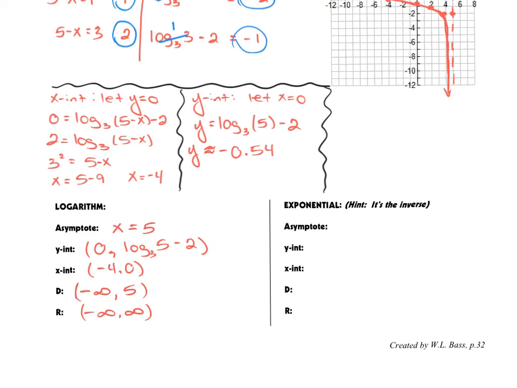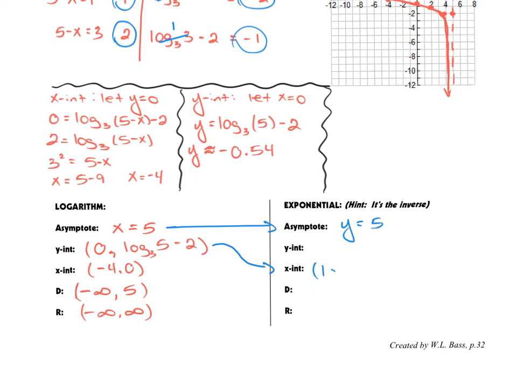Okay, so using all of that, let's think about how this is going to help us with its inverse, its exponential function. All of these, of course, are going to switch places. So on this asymptote, I can think about the exponential asymptote. I just need to switch the x to a y. And my y-intercept, if I reverse these two values, will become my x-intercept. So I can just flip this around.